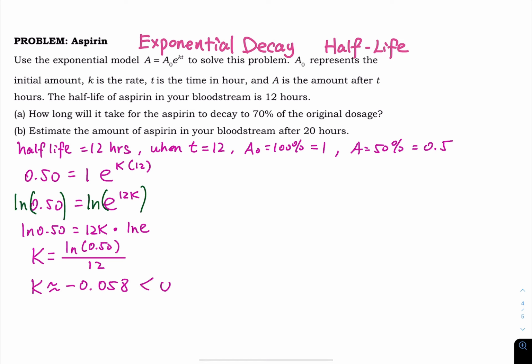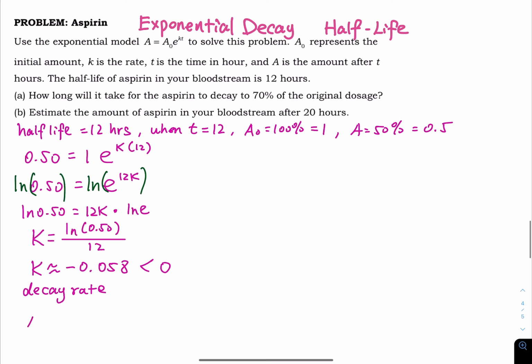Since k is less than 0, this is called a decay rate, so the model is an exponential decay model. The amount of aspirin is decreasing because the rate is negative. What is the model for this problem?